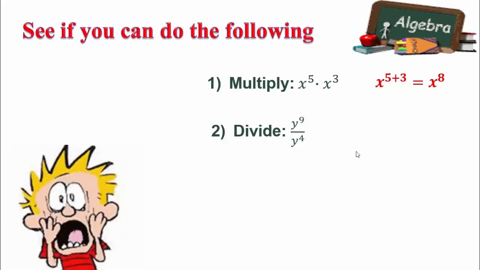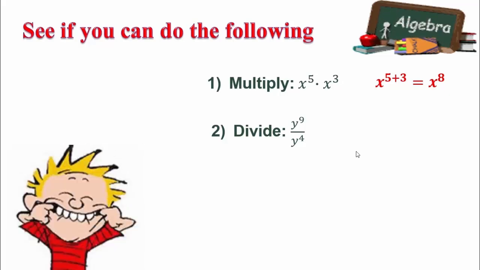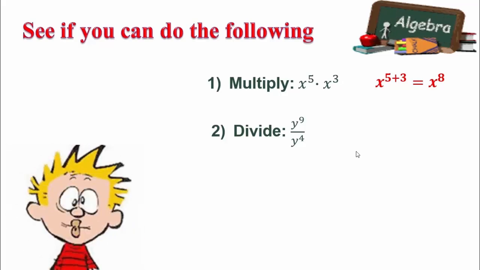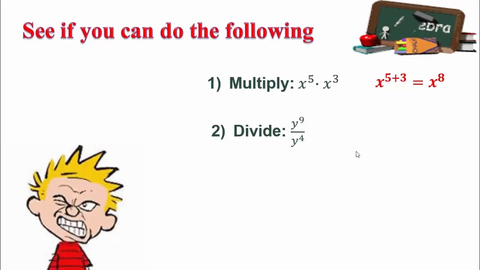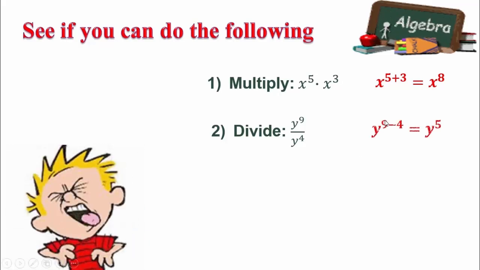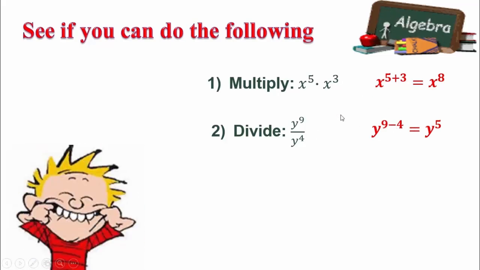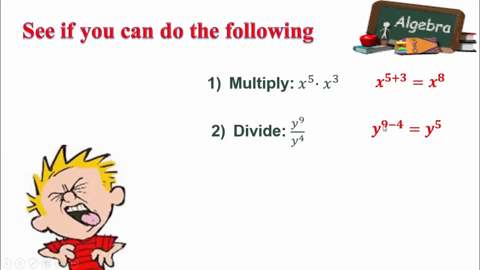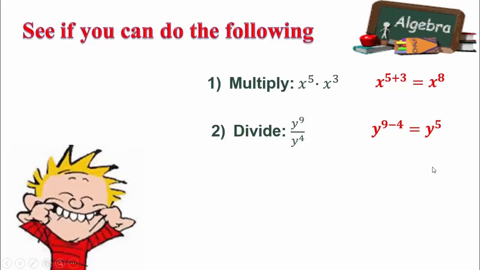Also remember, if you don't, that's okay, because we're going to learn it in these lessons. In the case of division, we subtract 9 minus 4, which gives us y to the fifth.